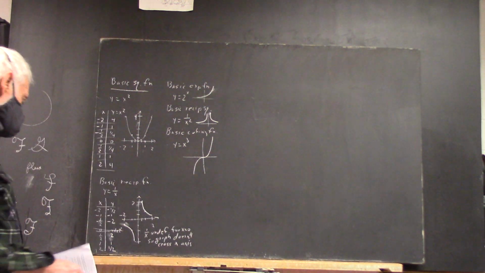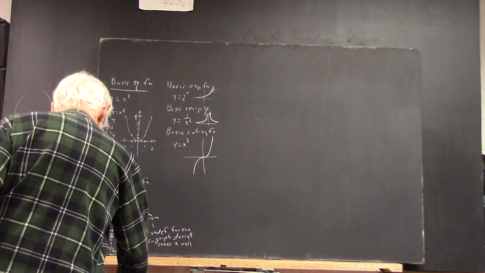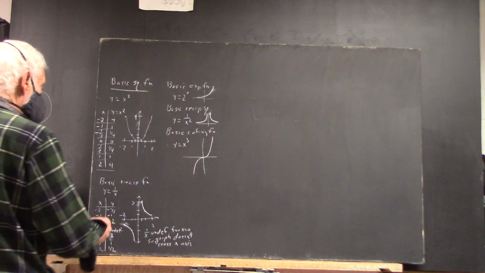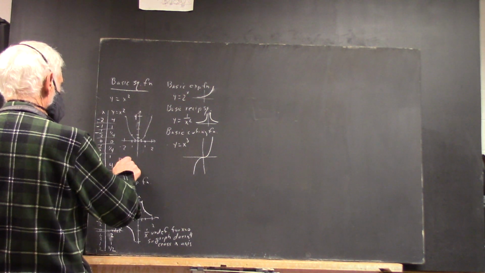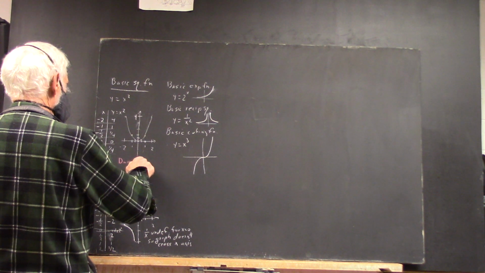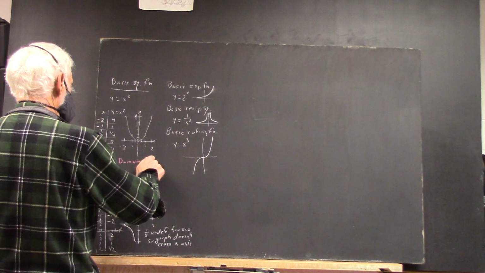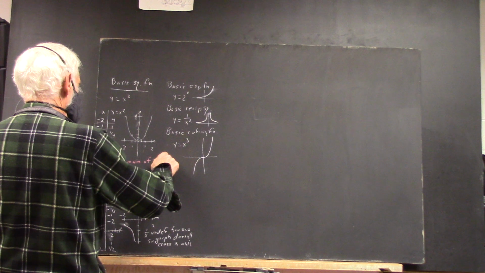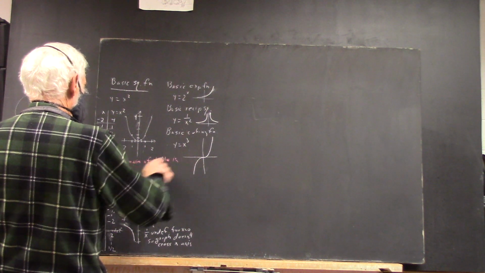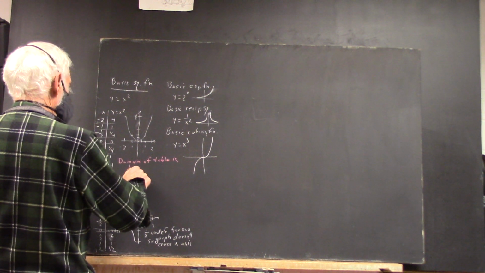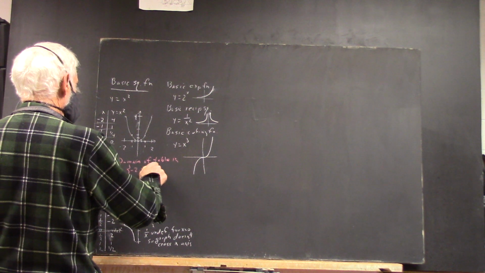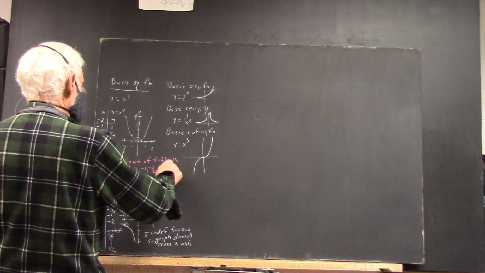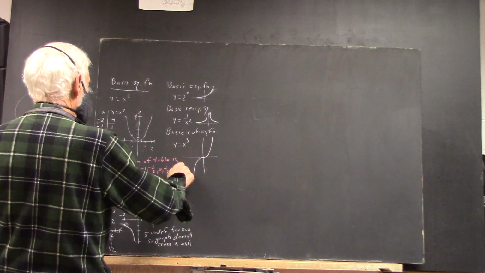On the table, the domain is a set -2, -1, -1/2, 0, 1/2, 1, 2.